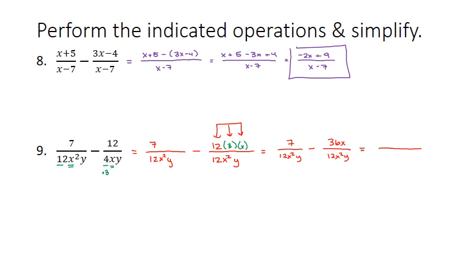Now you can put this together as one big fraction that has a 12x squared y on the bottom, and then if you put the tops together, they don't go together because one's a number and one's an x, so your final answer is 7 minus 36x over 12x squared y.